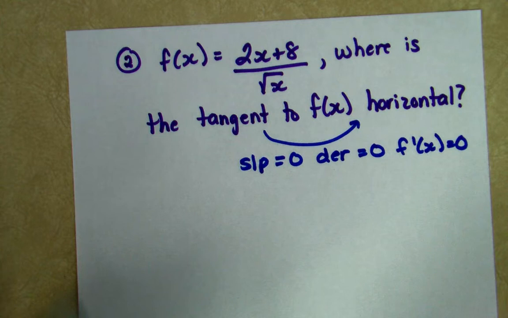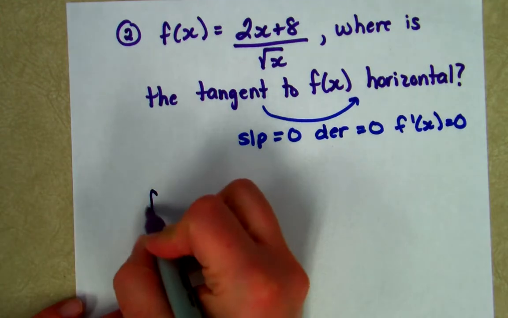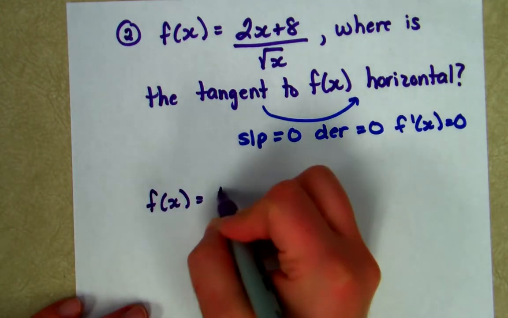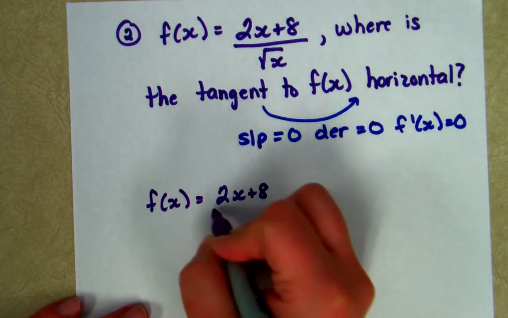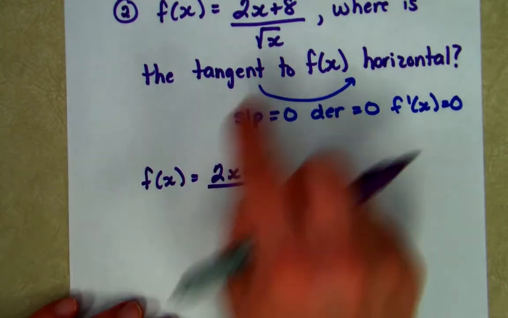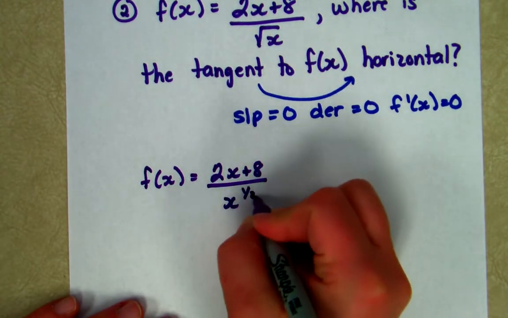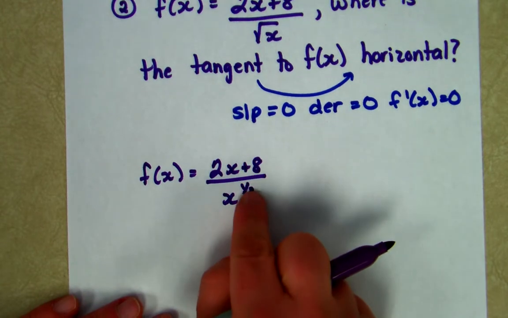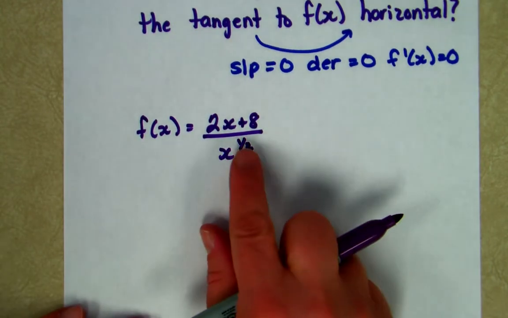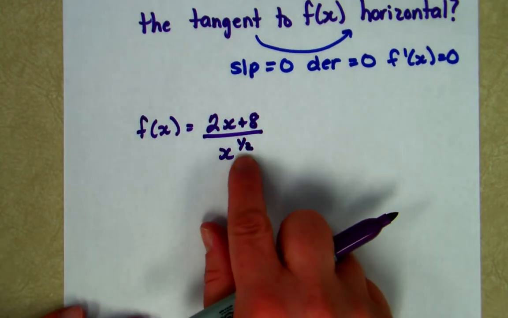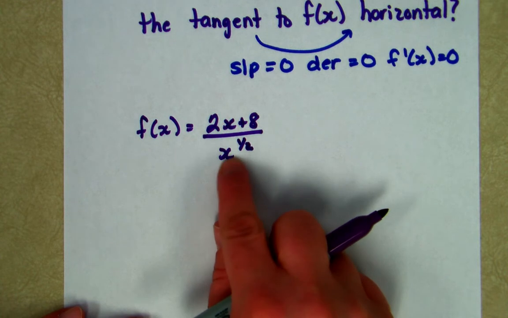So the first thing I need to do is find the derivative. I'm also going to rewrite f of x in a little bit different way to make it easier to deal with the root. The square root of x is the same as x to the 1/2 because remember, rational exponents mean roots. And now I'm going to be able to use the power rule to figure out the derivative.